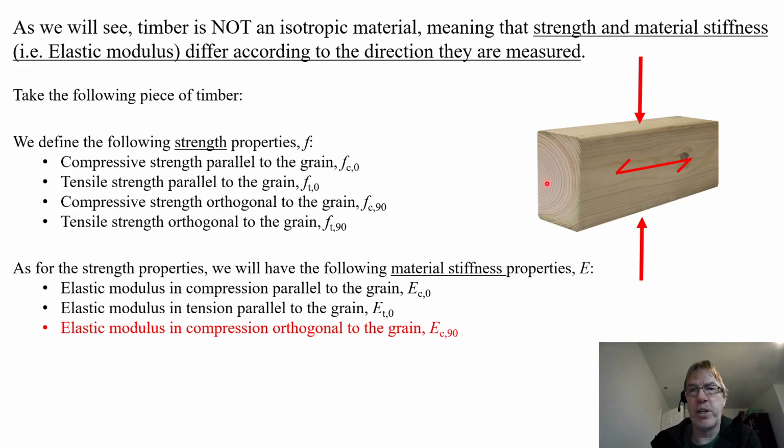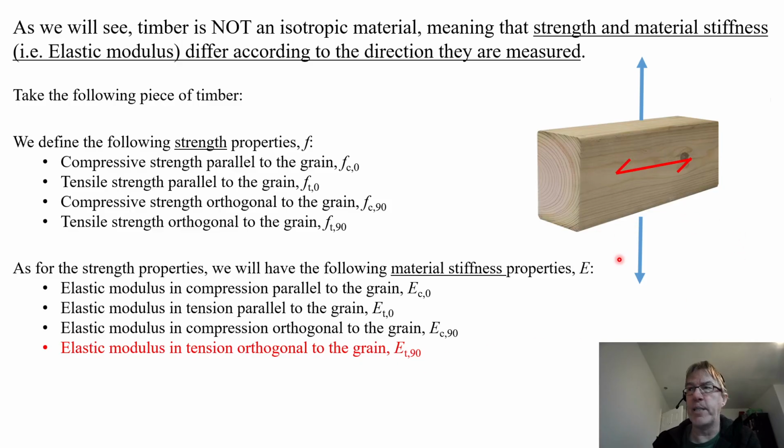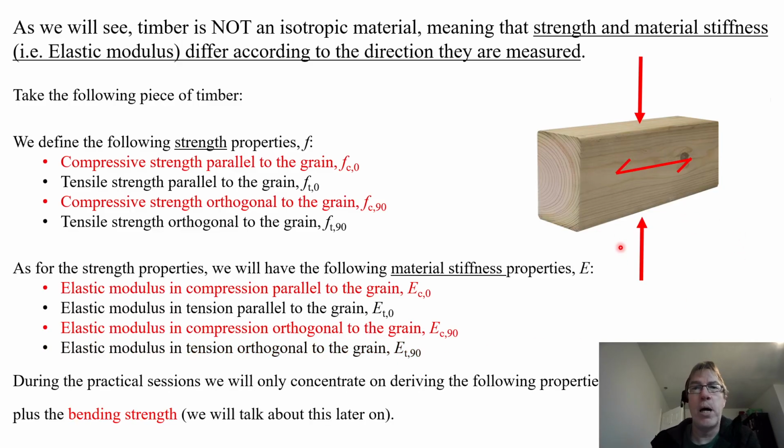We've got elastic modulus in compression orthogonal to grain, so it's Ec,90, and then Et,90 for tensile, pulling it apart. During our practical session, we will only be concentrating on deriving the following properties: compressive strength parallel to grain, compressive strength orthogonal to grain, modulus of elasticity parallel to grain, and then perpendicular to grain.